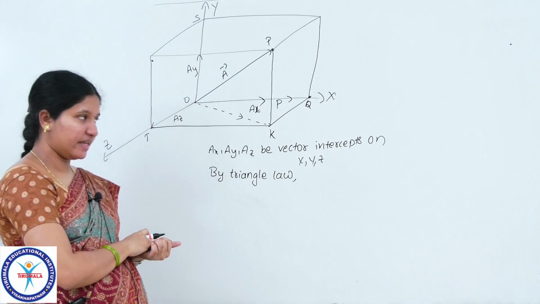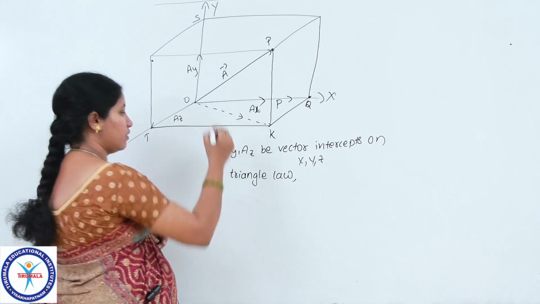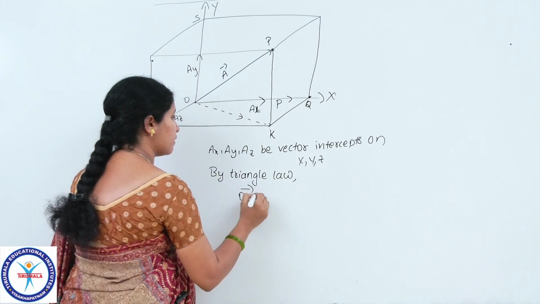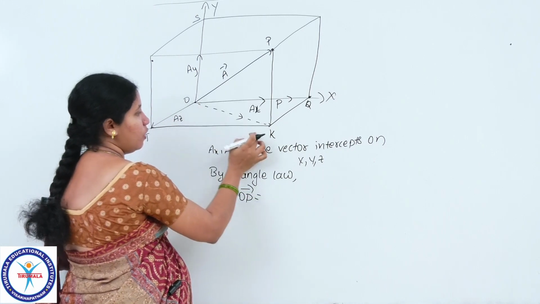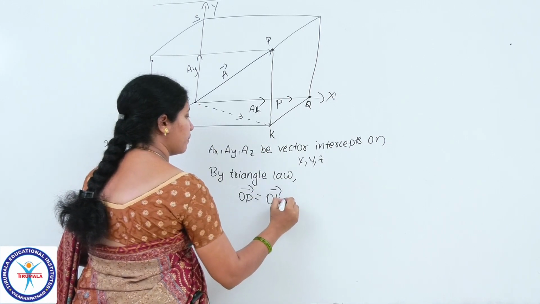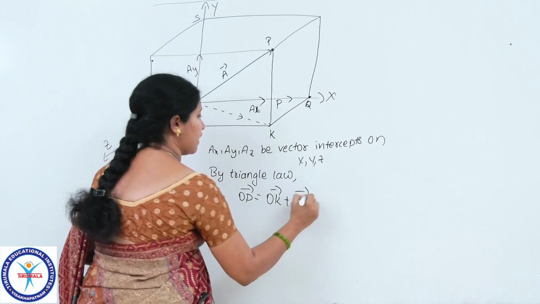By applying triangle law, we can write OP bar is equal to OK bar plus KP bar.